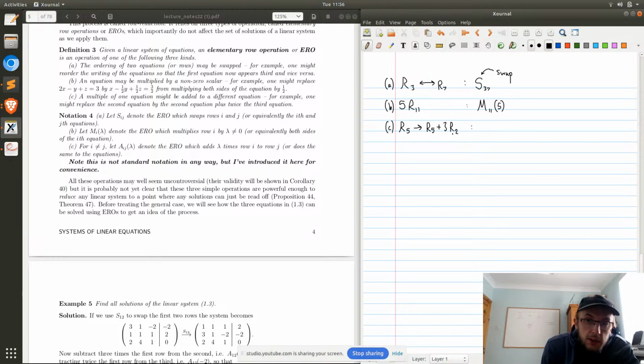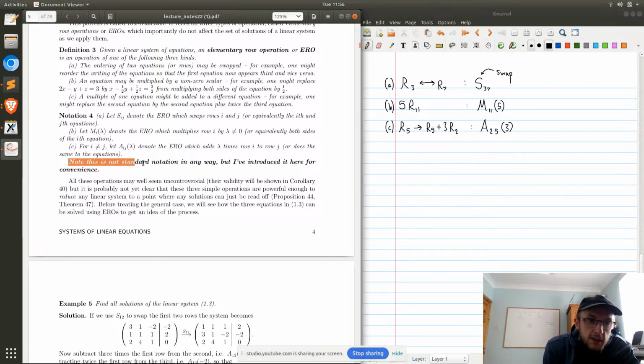That's how I would usually see it. But here, they're saying, okay, I'm going to grab row 2, I'm going to multiply it by 3, and then add it to row 5. That's how they do it here.